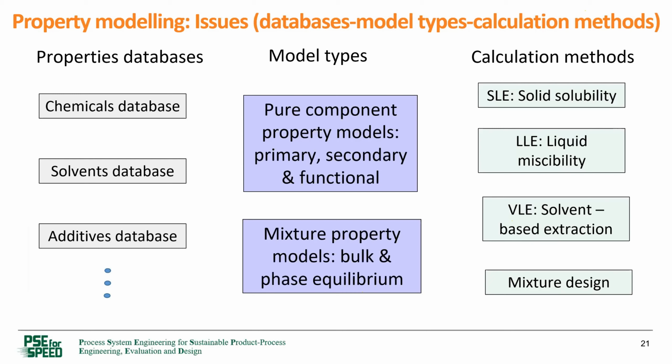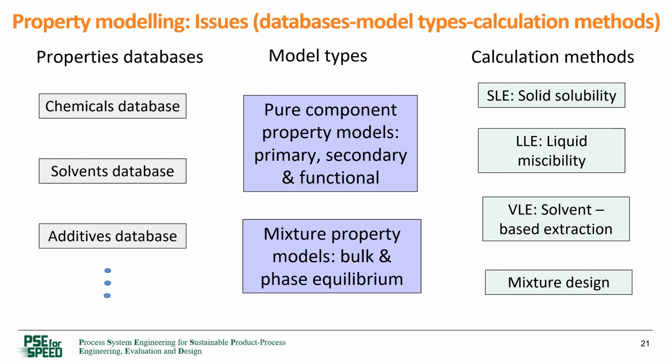The calculation sequence has to find out at what conditions of temperature, pressure, and composition solid-liquid equilibrium will exist, or vapor-liquid equilibrium will exist, or liquid-liquid equilibrium will exist, or how to define a mixture for desired target properties.